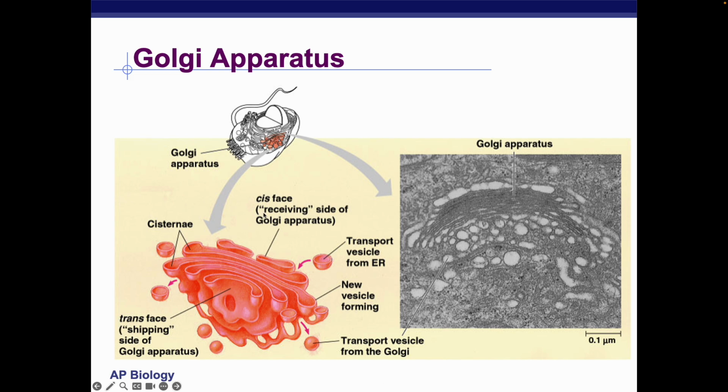So as you can see here, trans and cis, and these are the cisternae, which get reformed and formed from the vesicles.